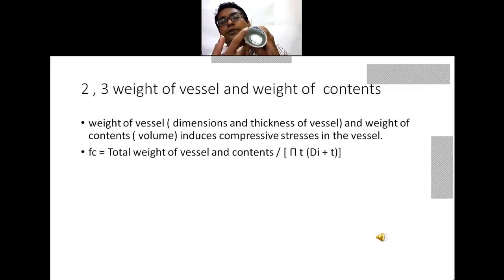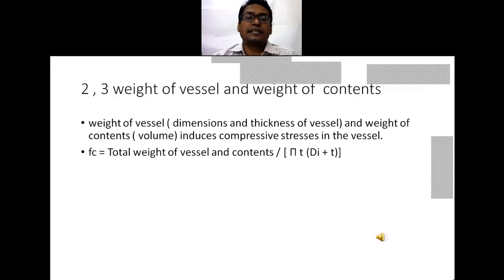That is pi into D, where D is the average diameter, into the thickness. So this is the area I have to consider, that is pi into D, which is nothing but di plus t, and the thickness t. So the stress equals the total weight of the vessel and the contents divided by pi t into (di plus t).